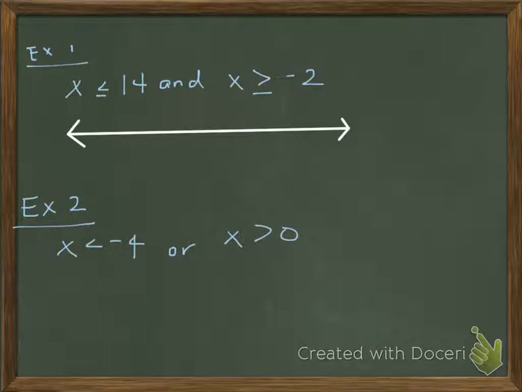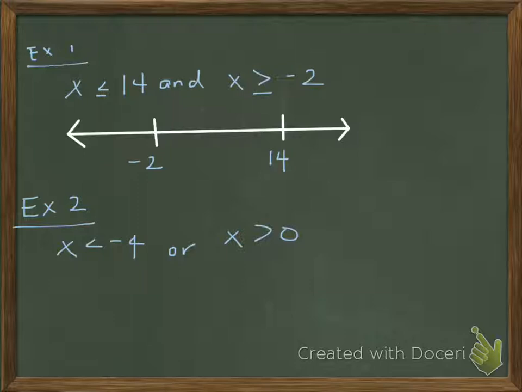So now I have 14, and make sure you put it in the right spot. And 14 is a positive number. And then I have negative 2. I'm going to put it right here. Okay? Again, I know that 14 came first, but look at how the order of the number line goes. Positives on the right, negative on the left.